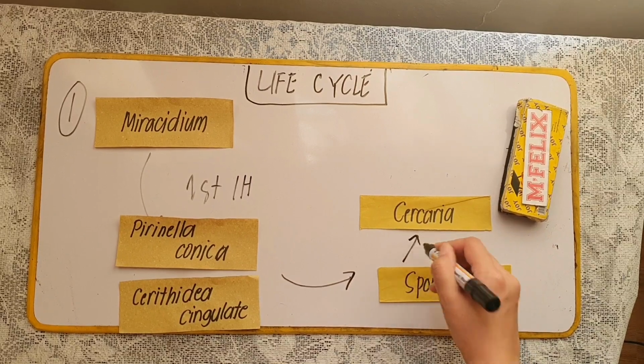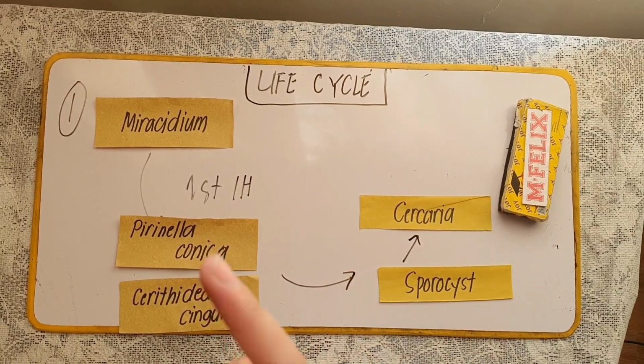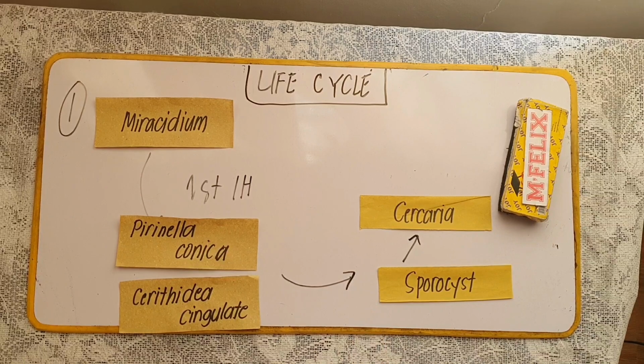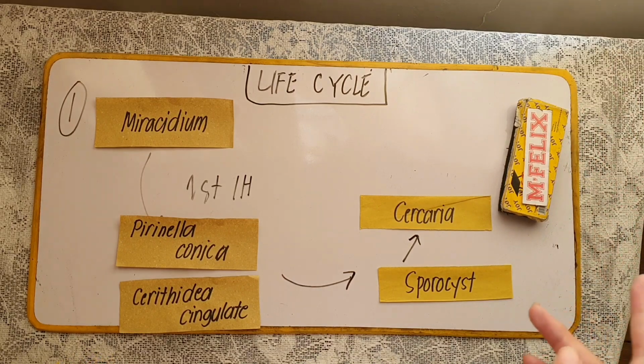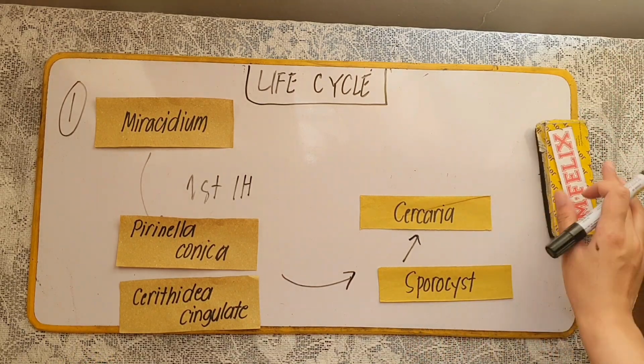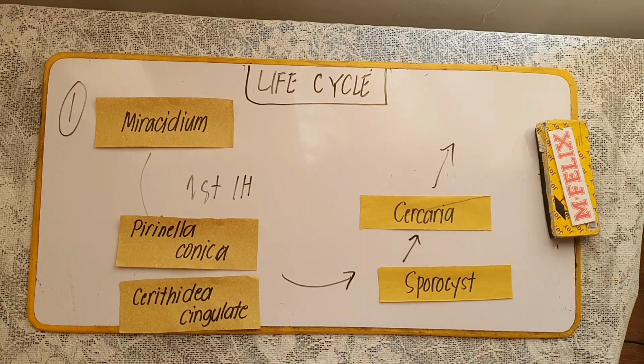Of course, mag-undergo na naman yan ng 2 redial stages, producing its daughter sporocyst, then later on, finally into cercaria. Diba? Dami sinabi. Now, these cercaria are then liberated from the snail. Lalabas na naman yan sa first intermediate host natin. Once na ma-liberate siya, yung cercaria natin, lalangoy na naman yan sa tubig.